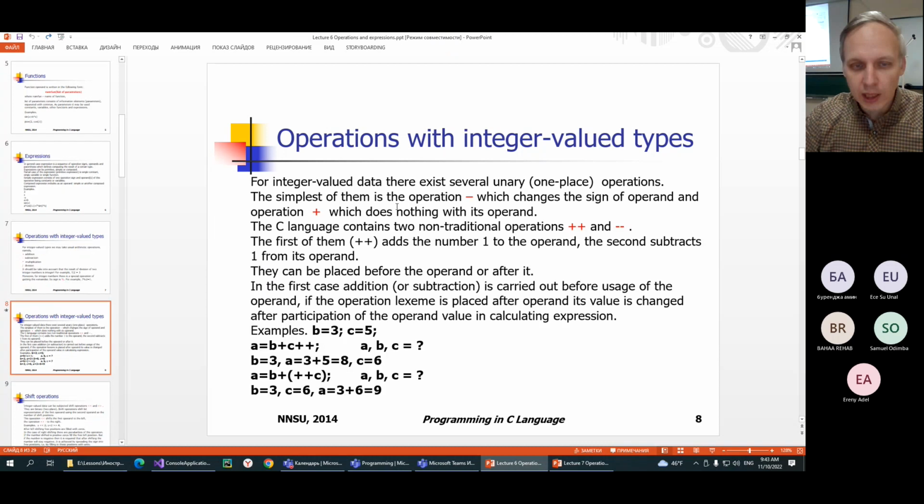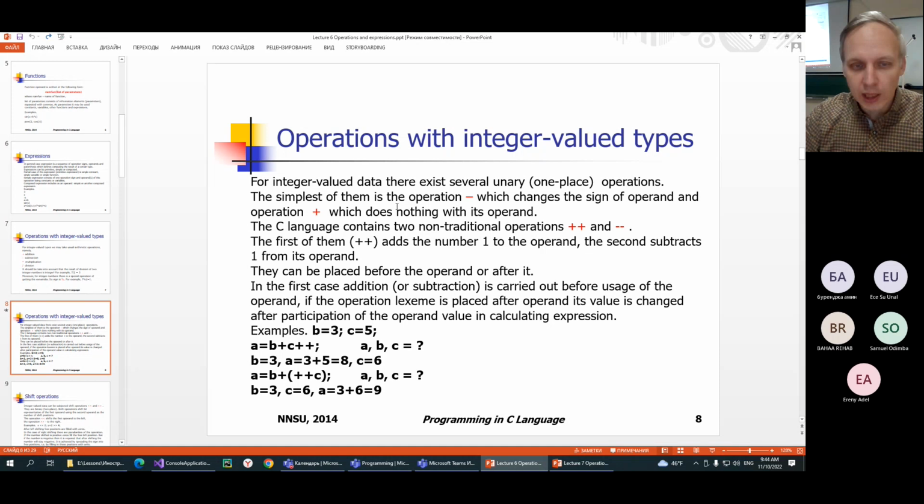Well, all of these operations are binary. Binary means that these operations require two operands. For example, A plus B, C times D, and so on.